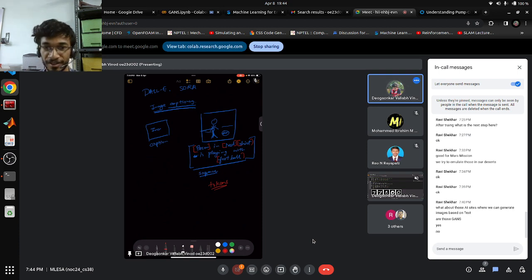All of these are objects in this image. If you train the image captioning model with many images along with their captions, eventually the network will get an understanding of what in this image actually is a person. It will learn that over the course of many iterations of training.